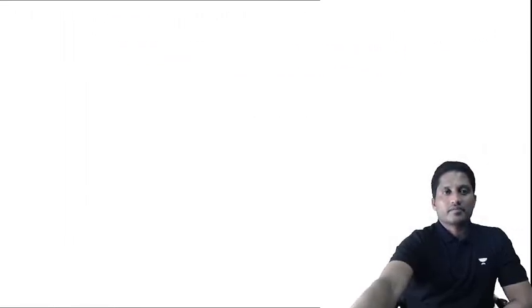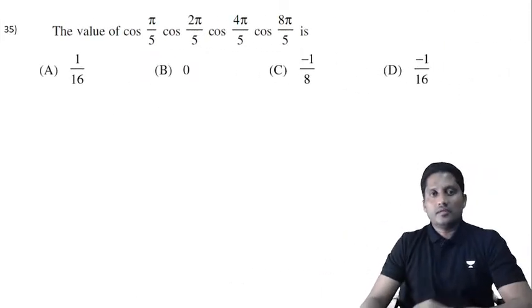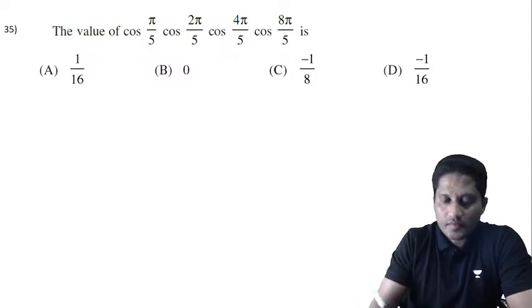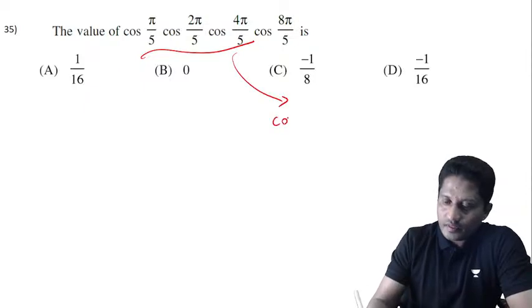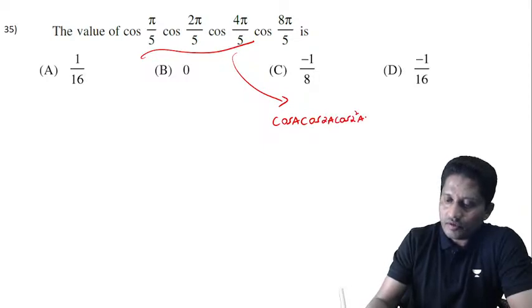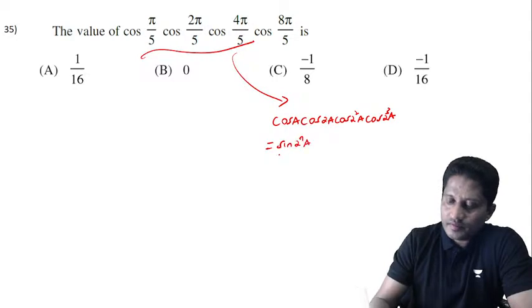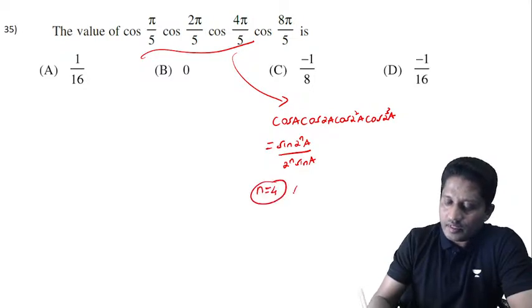Let's move to the next question. Question number 35. This is already in standard form. This is of the form cos A into cos 2A into cos squared A into cos 2 cube A, which is equal to sine 2 power n of A divided by 2 power n into sine A. If you compare, n is equal to 4, the number of terms is 4, and A is equal to pi by 5.